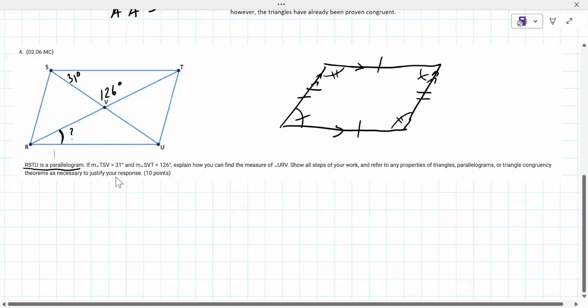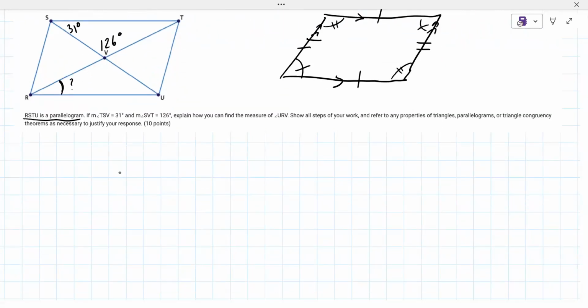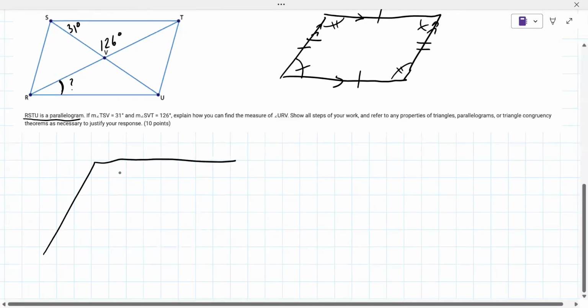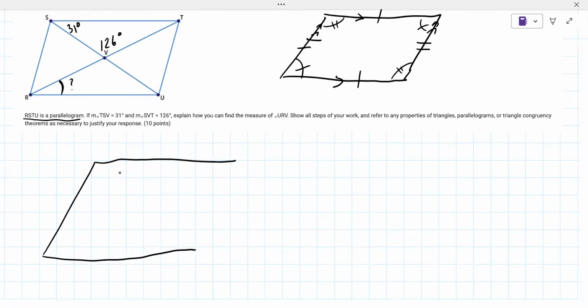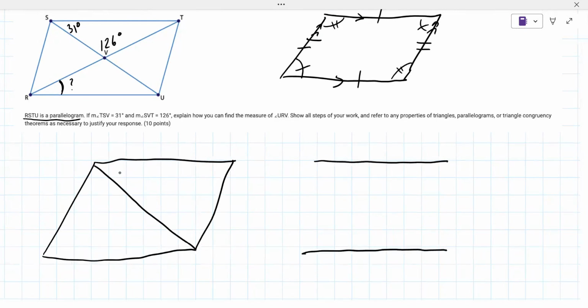One of the things they do in geometry is add extra lines, and it's confusing. Why are there all these extra lines? This first diagonal here is really between two parallel lines. It's a transversal.